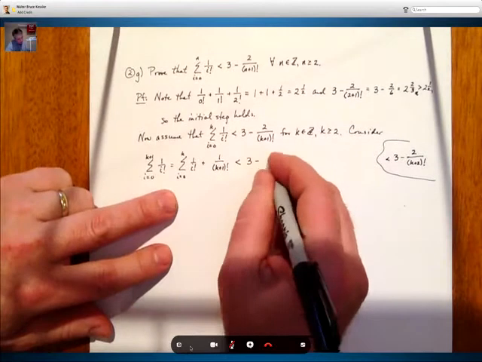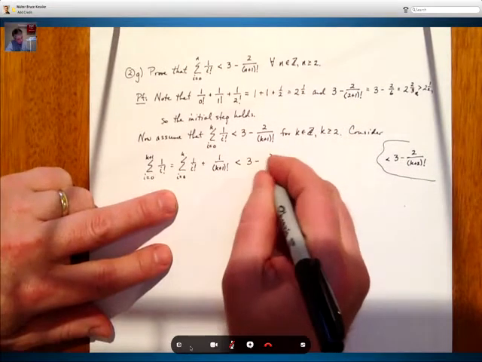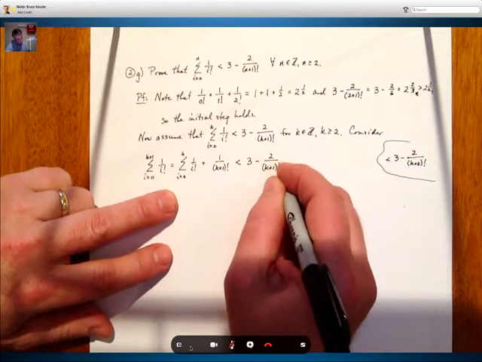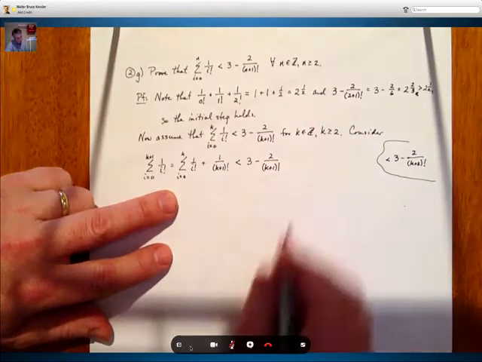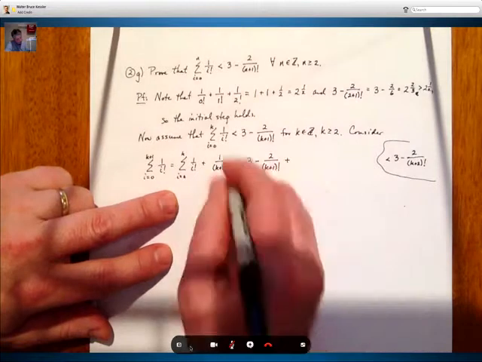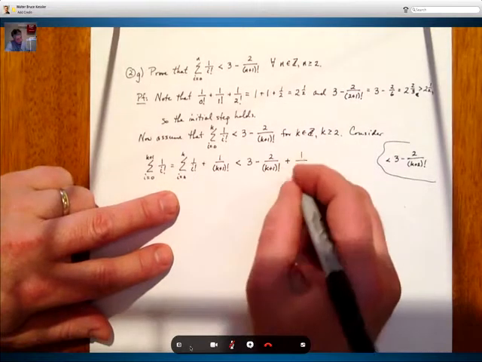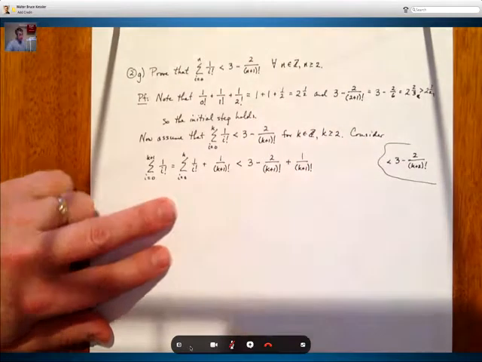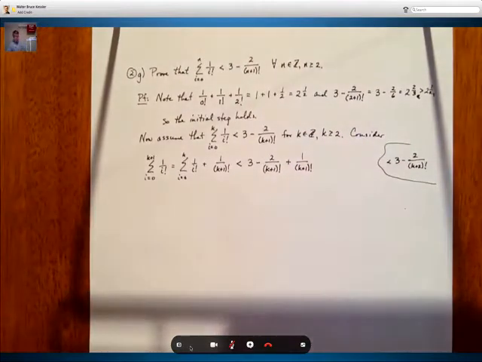So we use our assumption. This part right here is strictly less than this, 3 minus 2 over k plus 1 factorial. And then I've still got this term, the 1 over k plus 1 factorial. Okay?